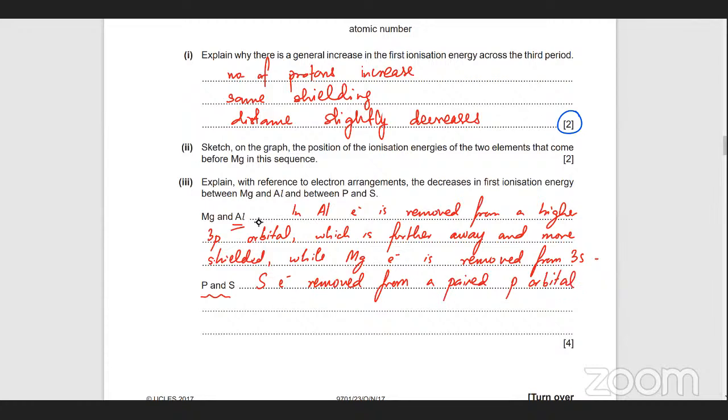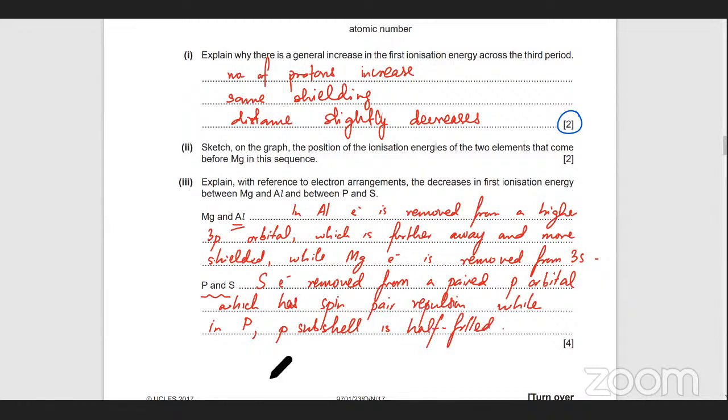Electron is removed from a paired p orbital which has spin pair repulsion, lone pair नहीं, while वो जो दूसरा है ना उसके अंदर the p orbital is singly filled. ठीक है. All of it is half filled, so there is no mutual repulsion.